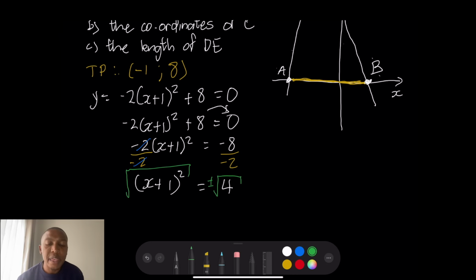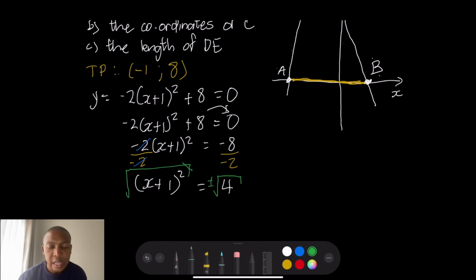Keep that in mind for the future. When you take an even root, you always need to say plus minus. When it's odd, we don't need to do this.